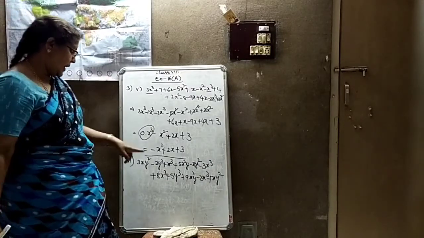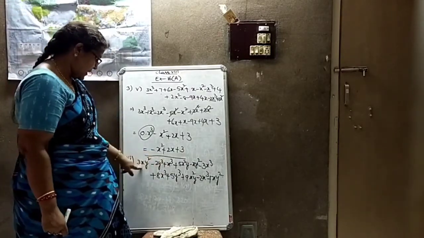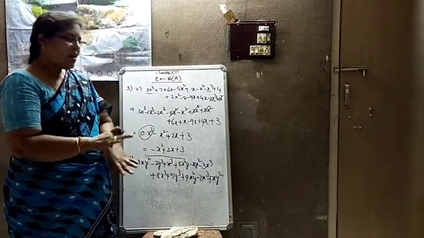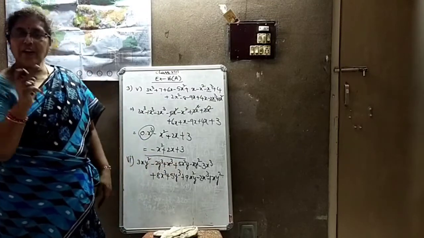See, one student, x cube is there, y cube is there, xy square is there, x square y is there. All are different. Which are like you select.